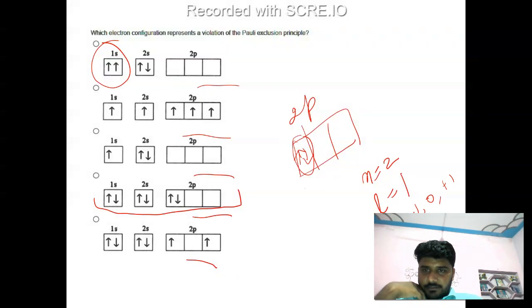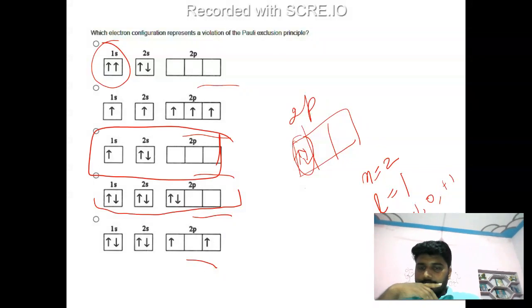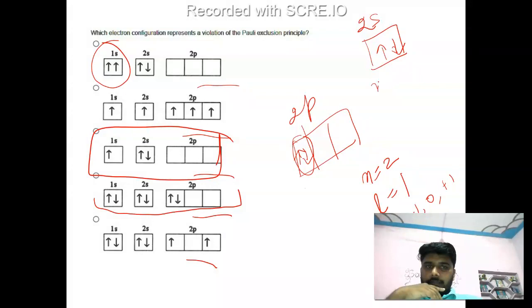Third one. Oh, sorry, fourth one, right. Yes, so you were saying about this one, the third one. Let me explain it also. If I talk about 2s, the principal quantum number will be 2, and l equal to 0, and m will also be 0.